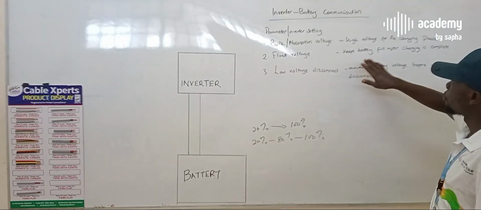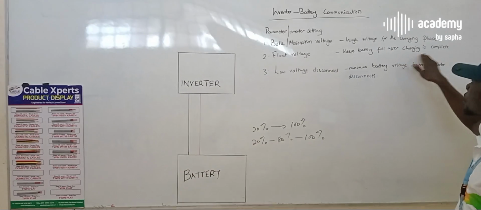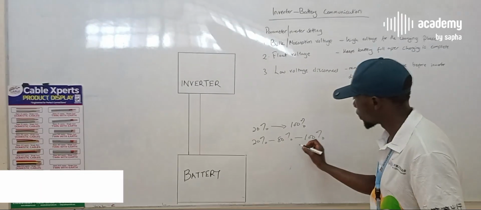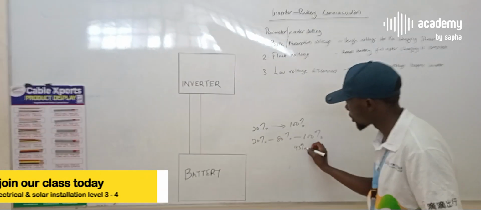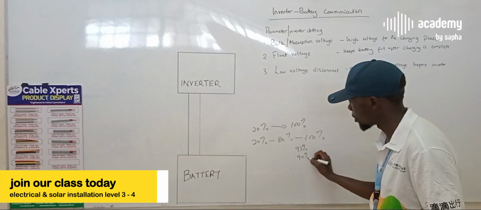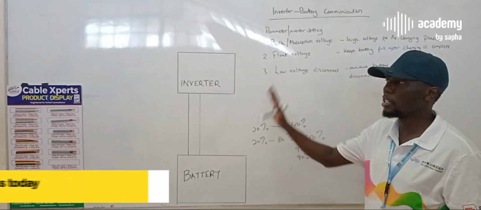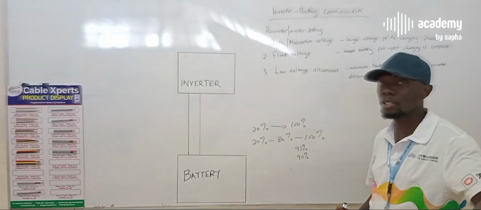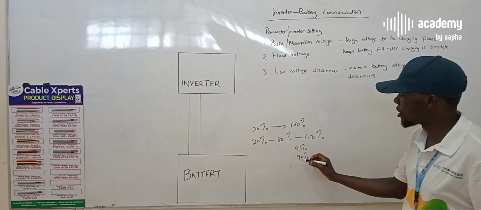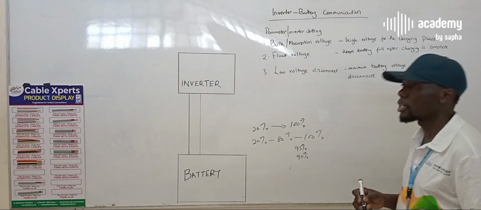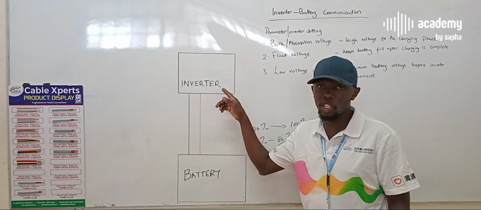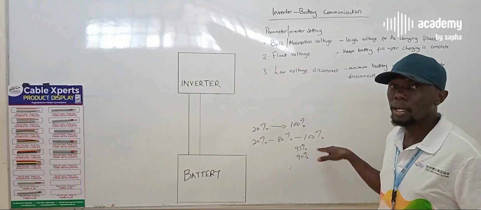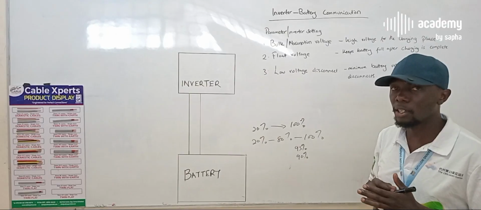The float voltage, this one keeps the battery full after charging is complete. So for example, the float voltage can kick in at probably 95% or 90%, depending on the battery design, the inverter design, or you, the technician, preference. So once the battery reaches 90%, the inverter lowers the voltage that it will be pushing into the battery, so that this battery can hit 100, and then it will not stay at 100, of course.